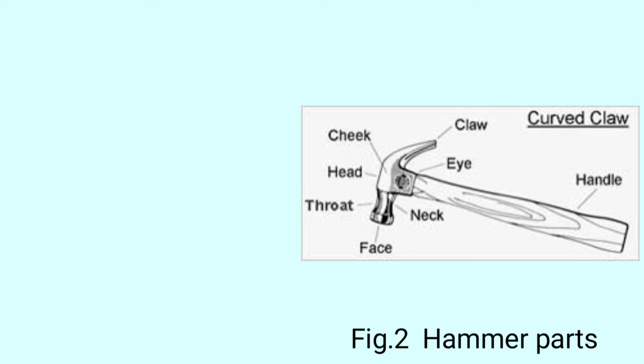We can go through the parts here. First is the handle, a wooden handle, and the eye. We insert the wooden handle into the eye. Next, claw, cheek, head, throat, face, and neck.